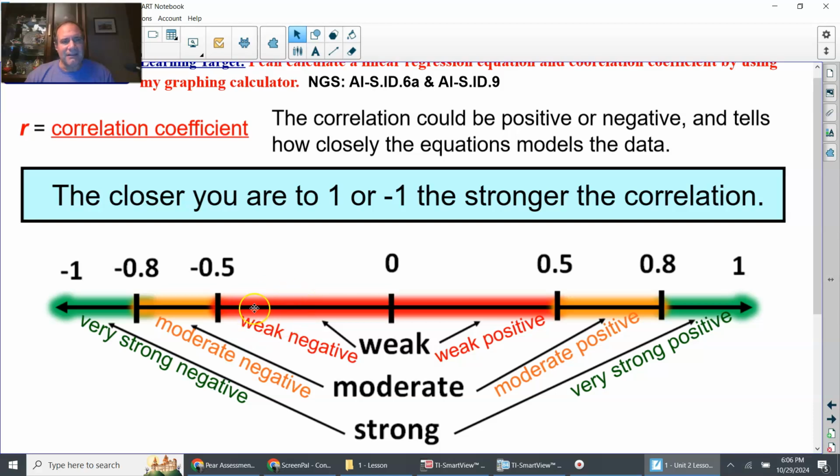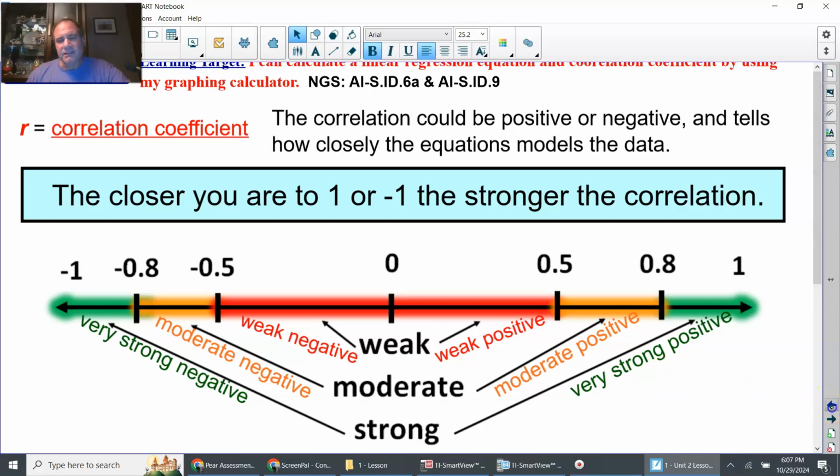A weak negative would be anywhere from -0.5 to 0 itself. 0 to 0.5 is a weak positive. They don't really ask for any moderate positive or moderate negative in the past, but they do always focus on either a very strong negative or a very strong positive. The closer to 1, the better the correlation, the stronger the correlation is. And the closer to 0, the weaker the correlation is.